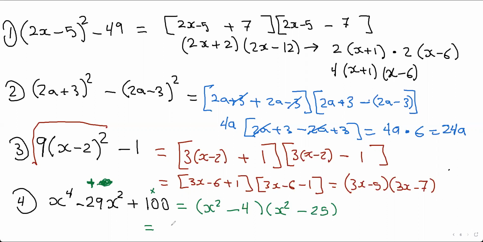So this is going to give me x minus 2 for the first one and x plus 2. The second one is going to give me x minus 5 and x plus 5. Okay, and these are the answers for all of these. Any questions?